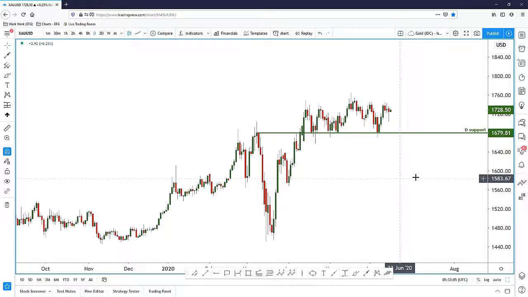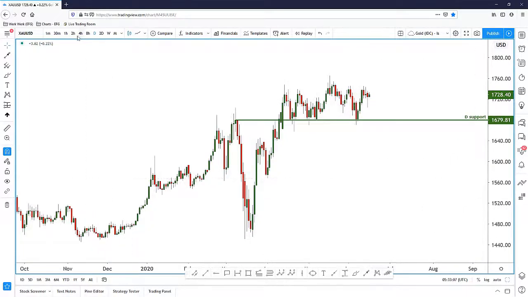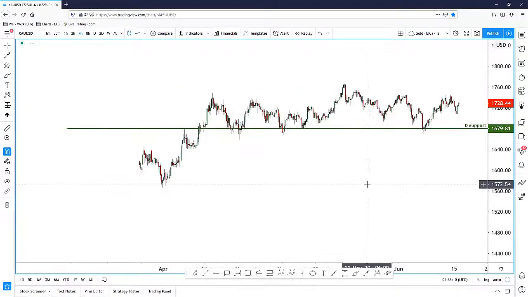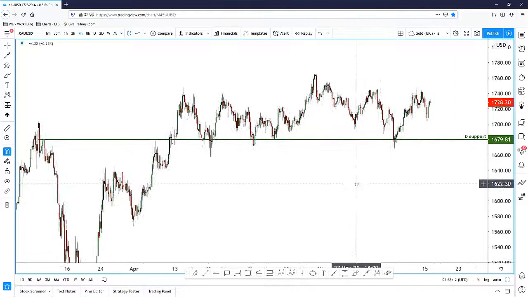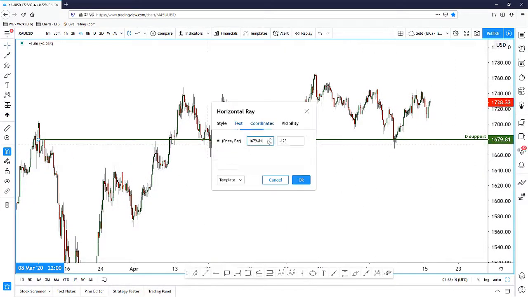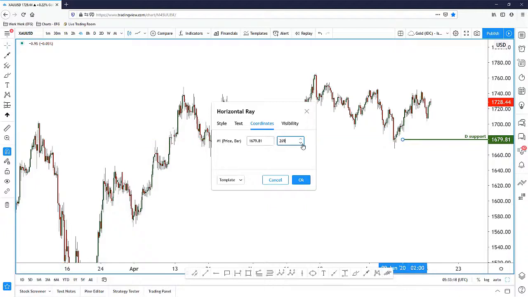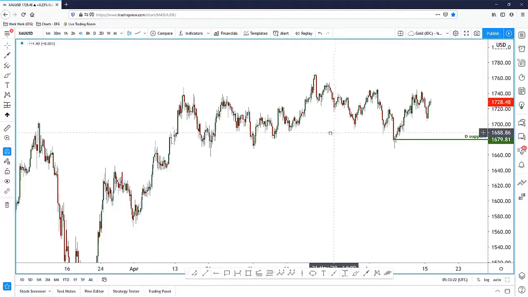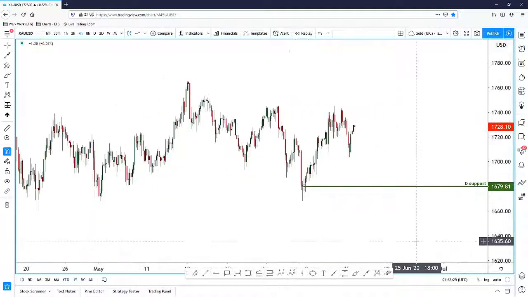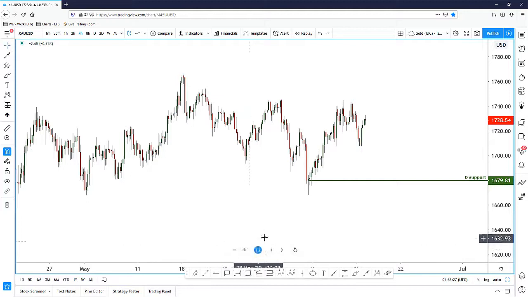Okay, so now that we have the daily support, let's go down quickly to the 4 hours. And let me tidy up this chart. So we have the daily support here. I want to focus on this recent area.